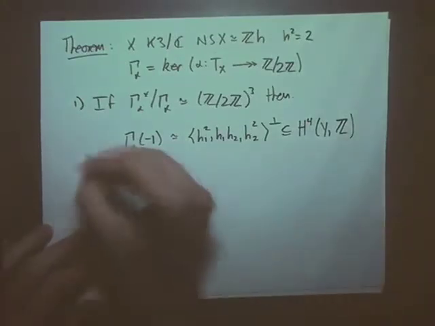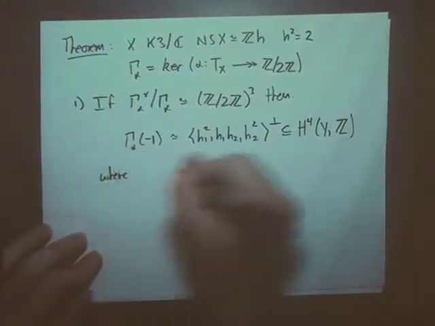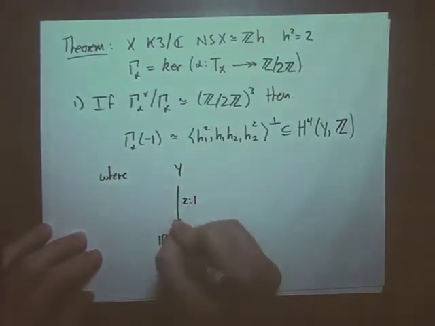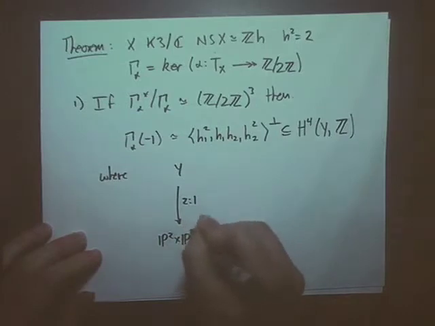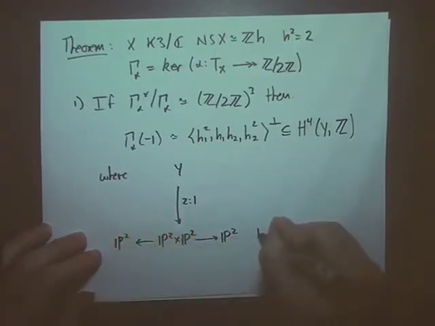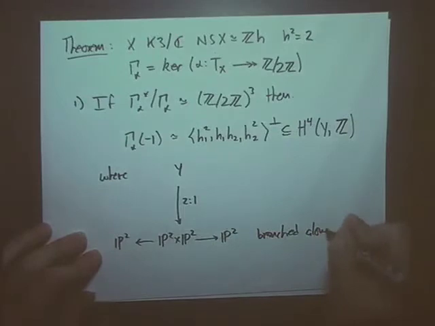And now let me tell you what the y is. Y is a 2-to-1 cover of P2 cross P2. This 2-to-1 cover is going to be branched along a type (2,2) divisor.